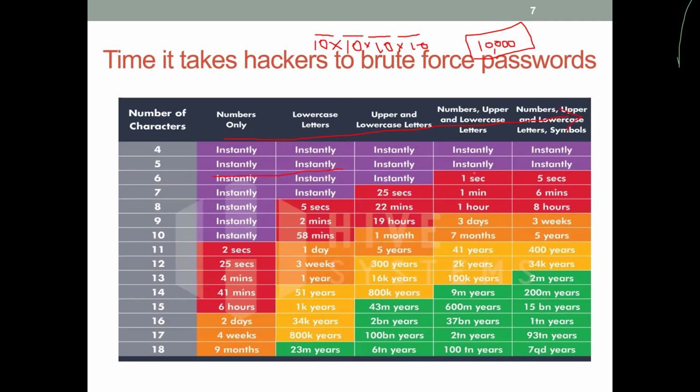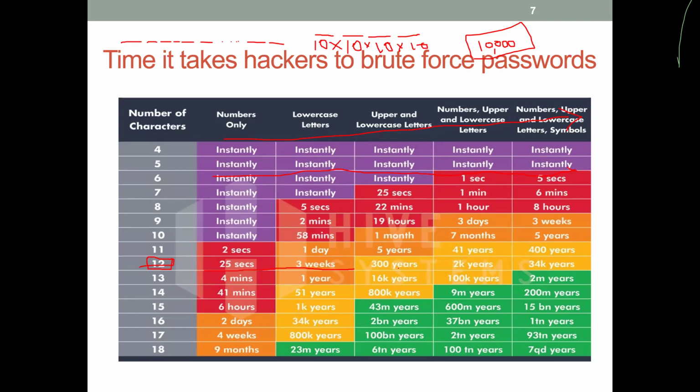Did you notice here, 1 second, here 5 seconds? Just think about a 12-character password. Nowadays we are using 12-character passwords. If all 12 characters are numbers, within 25 seconds they will find it. If all 12 characters are lowercase letters, it takes 3 weeks to guess.